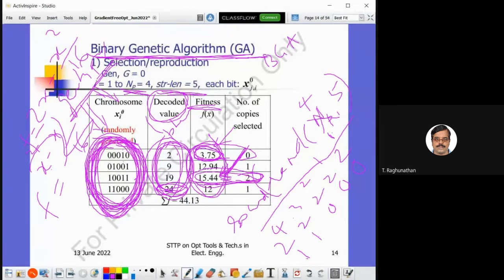Only then will that species survive. I'm not doing any moral science here. This is how things are supposed to work in the animal world, not according to me, but according to Charles Darwin. He said all these kinds of things, and that is what we are trying to mimic here in this algorithm.